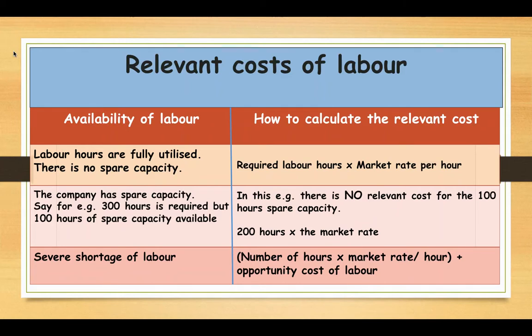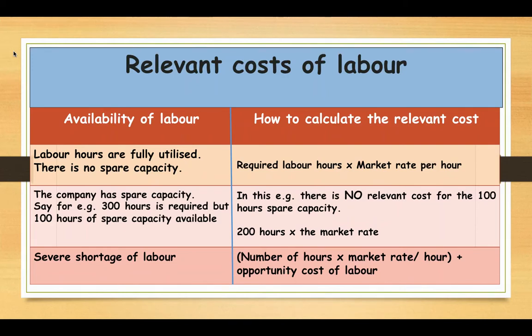So the relevant cost is going to be the number of hours times market rate per hour plus the opportunity cost of labor. Say the company has pinched 100 hours from its usual production, and the contribution foregone will be, say, for example, £5 per hour.